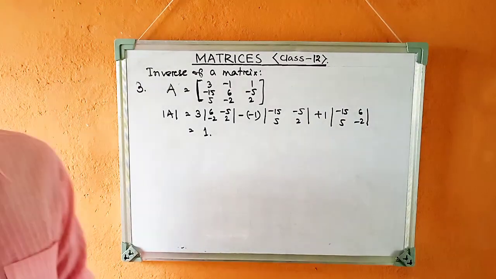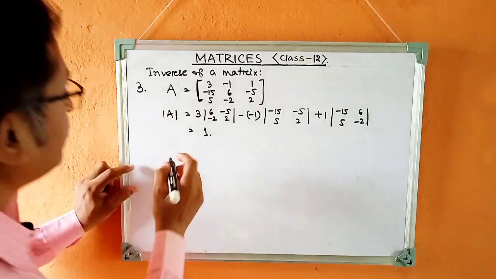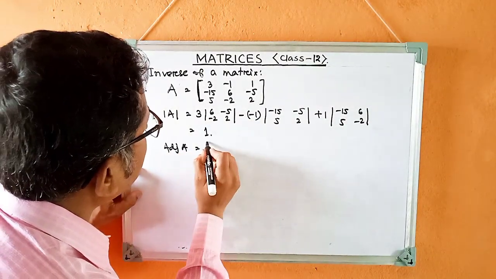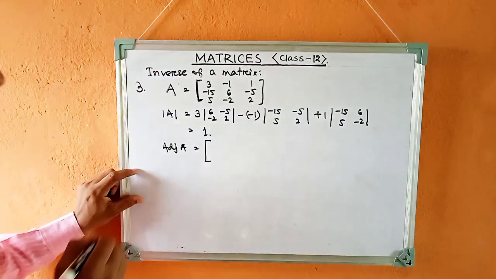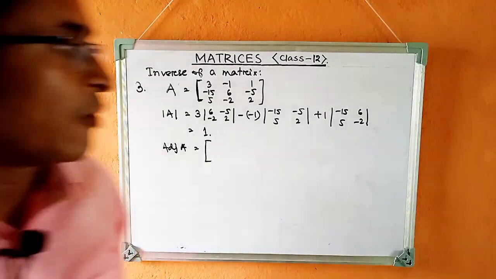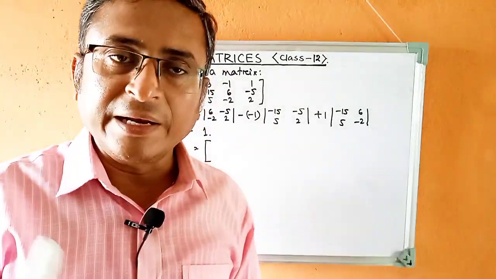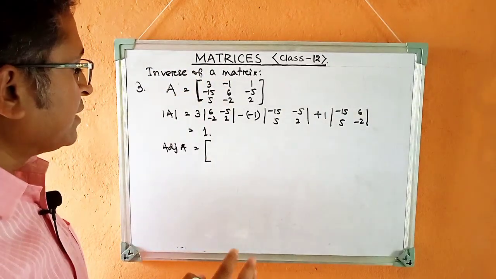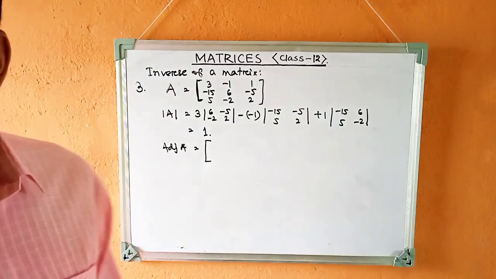Okay, so adjoint A is equal to, see carefully, again find out the cofactor of all the elements. Okay, so cofactor of 3. Now see, the calculation is the same as in the previous sum.